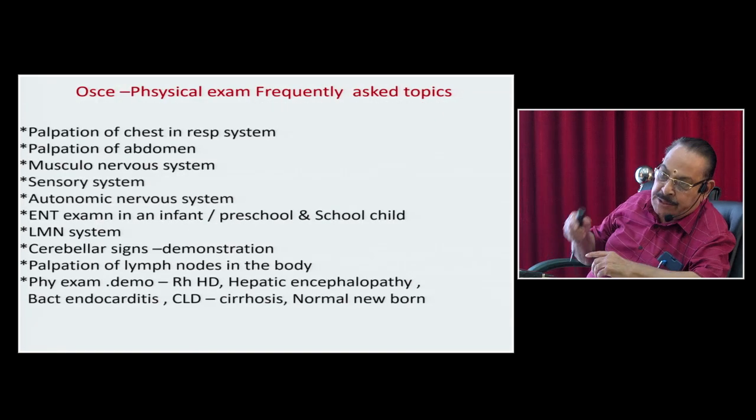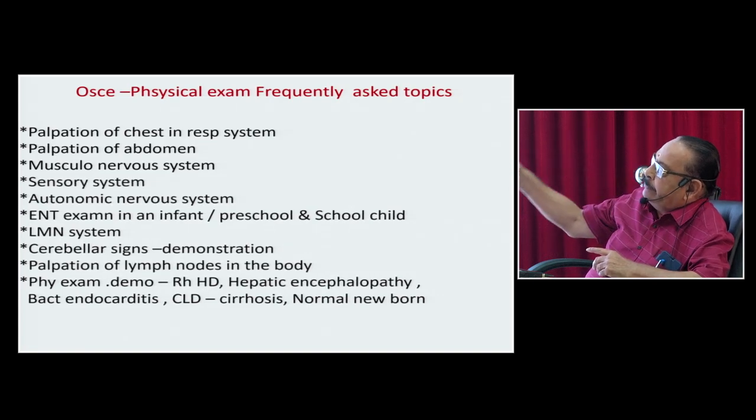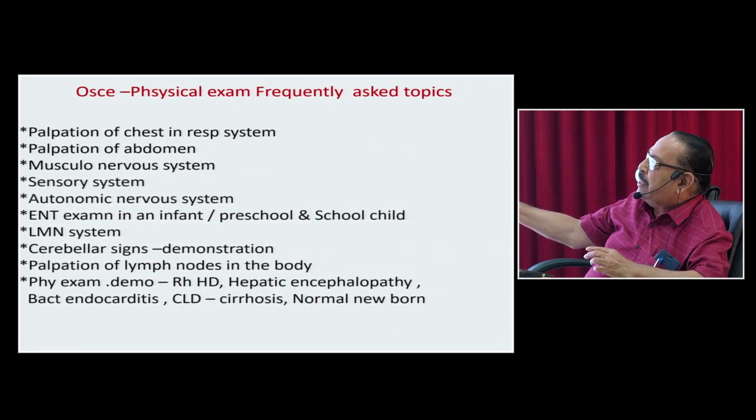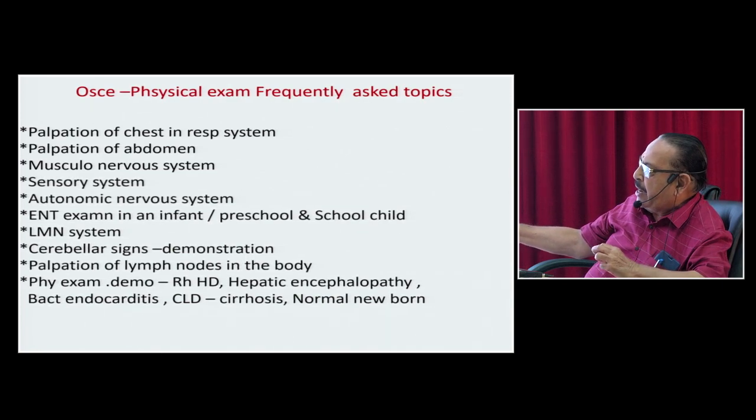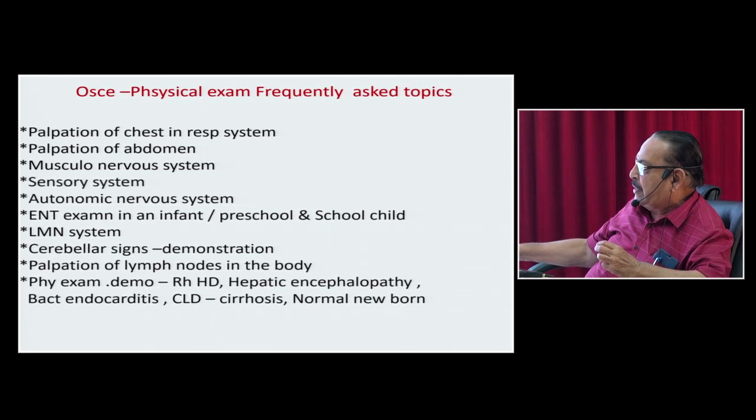On examination: palpation of the chest in respiratory system, palpation of abdomen, muscular system, sensory, autonomic nervous system, ENT, preschool, school child, lower motor neuron system, then of course cerebellar demonstration, palpation of lymph nodes, physical examination, demo of rheumatic heart disease, hepatic encephalopathy, bacterial endocarditis, so many things are there.